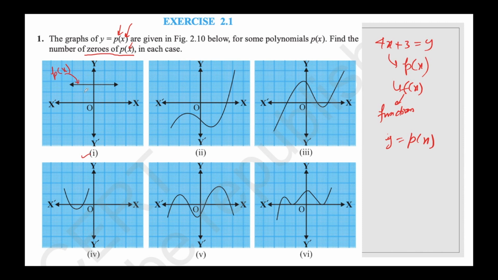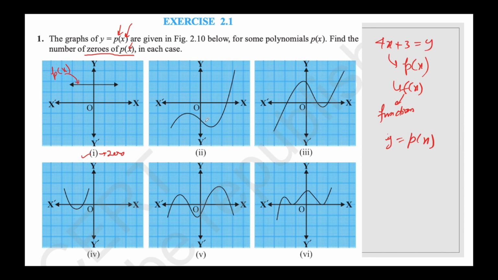As you can see, it is not at all cutting the x-axis. It is parallel to the x-axis. It will never ever cut the x-axis. So I can say that over here there is no intersection with the x-axis, so there are 0 zeros. There is no value of x that can make this polynomial equal to 0. That's it. The first question will be like this.